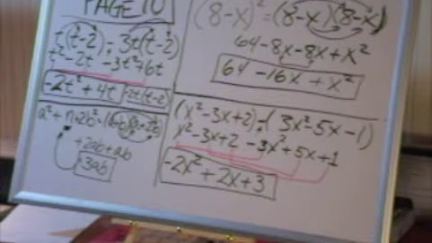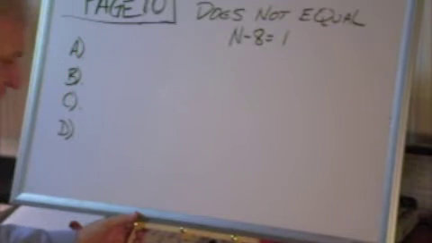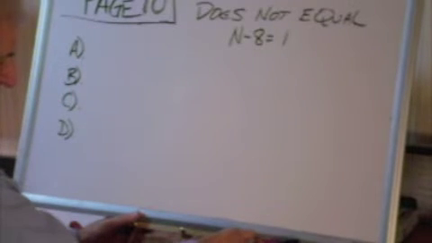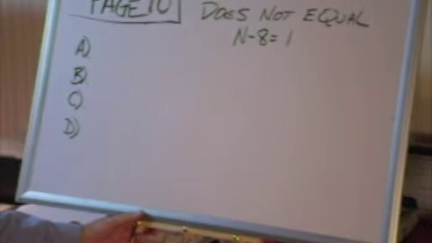Well, if you are listening to this, you are down to page 10 at the current time, and this is as far as we have gone up to this point on our prep for Accuplacer tests on typical types of problems that you will need to be able to do in order to be successful.